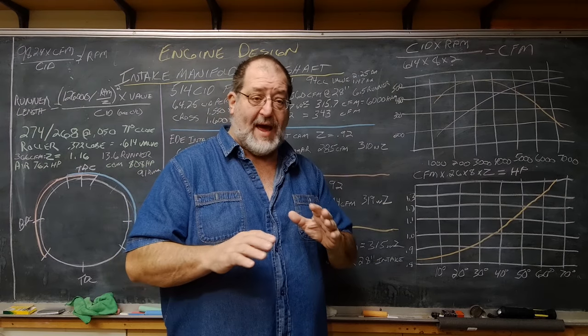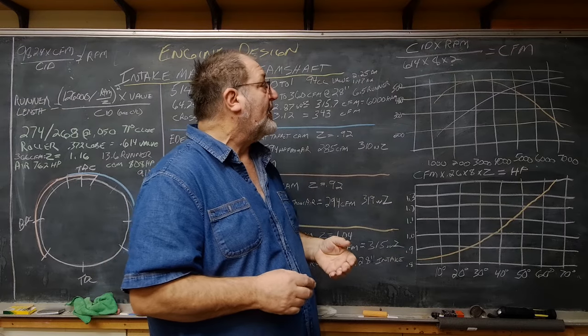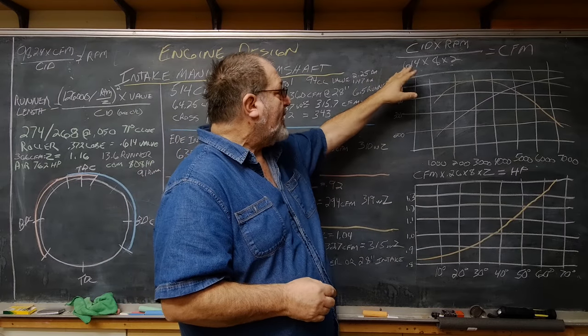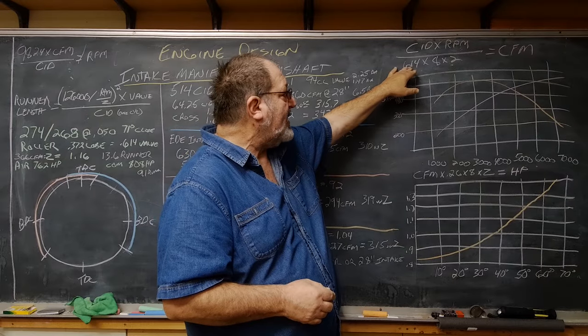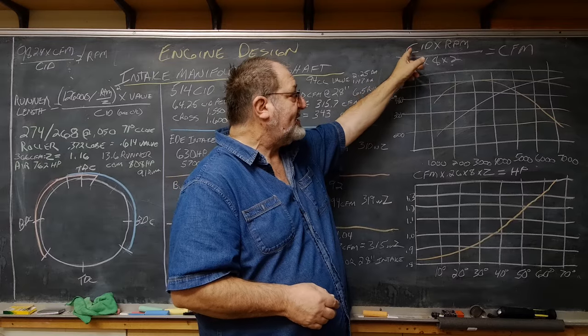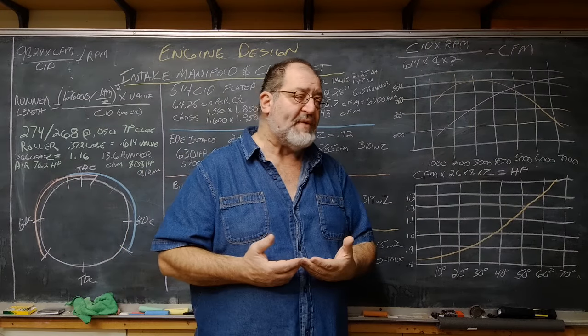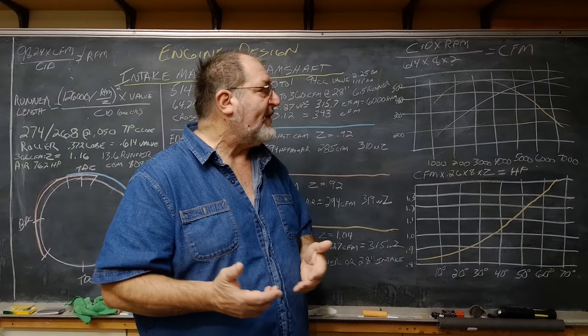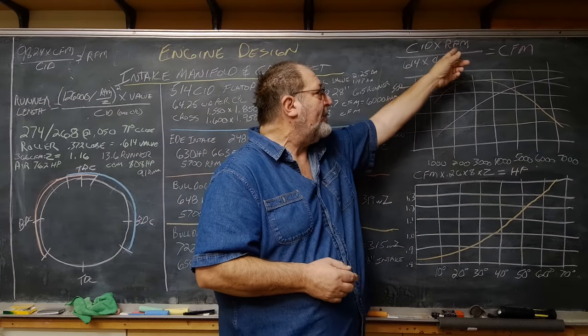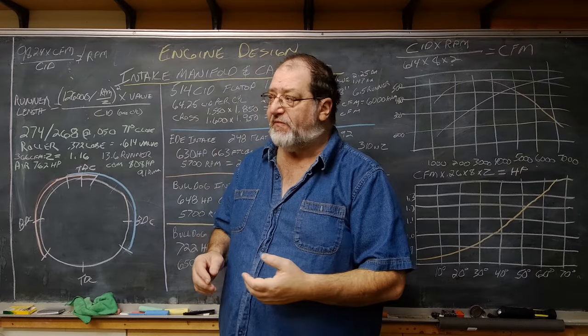You really should be using this particular formula over the previous one. Now, if you remember correctly, this was airspeed and number of cylinders, and then of course half of the RPM and our CID to give me CFM. Now, in this case, I'm not really after CFM. I'm after RPM. So I have reconfigured it.